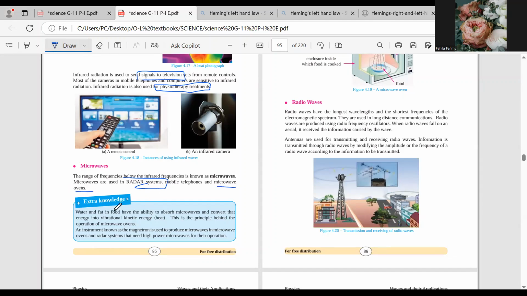And over here they are giving you some extra information. In microwaves, what it does is it heats the water in the food, right? Any food that you take, mostly it will have water and fat.